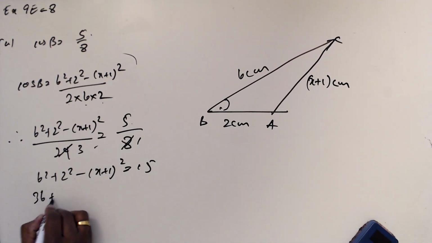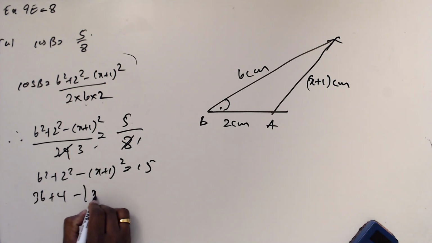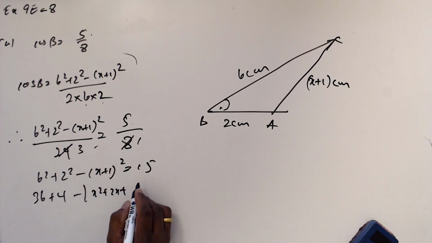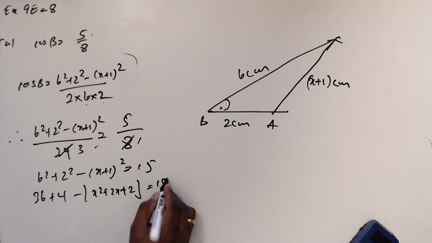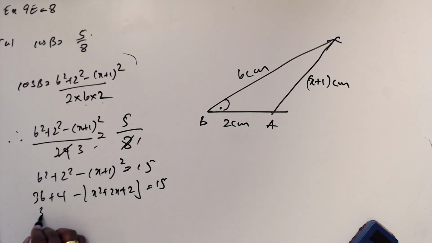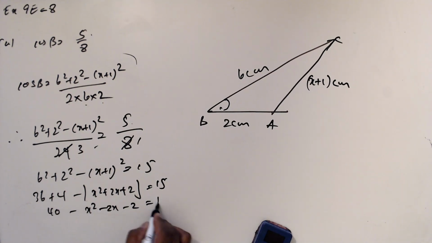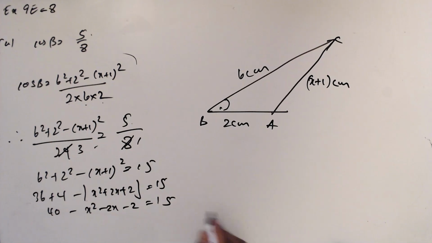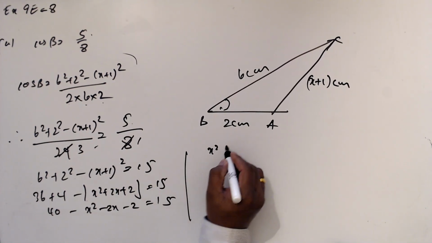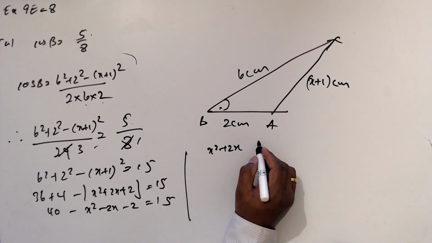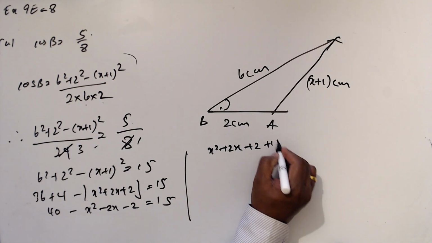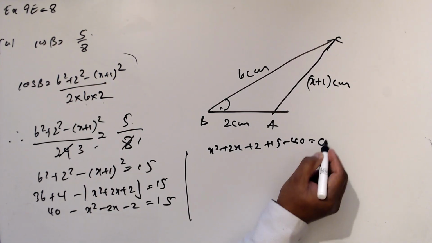So 36 plus 4 minus x square plus 2x plus 2 equals 15. So 36 plus 4, 40. 40 minus x square minus 2x minus 2 equals 15. Everything to the right side. Then x square plus 2x plus 2 plus 15 minus 40 equals 0.